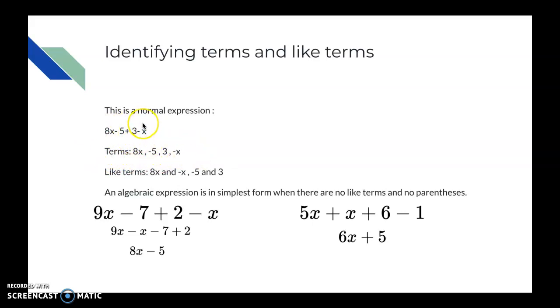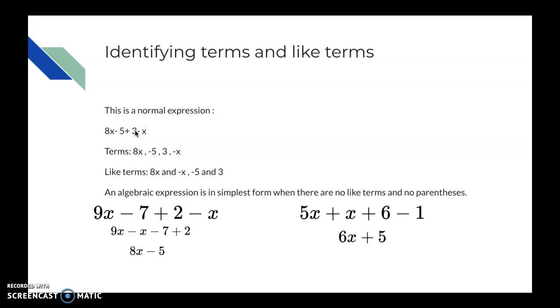So what are like terms? Like terms are when you group up the same single mathematical expression. Here we have 8x and minus x. We have the same variable here, so that makes up like terms. That is our first pair of like terms. And next we see negative 5 plus 3. These two are integers.